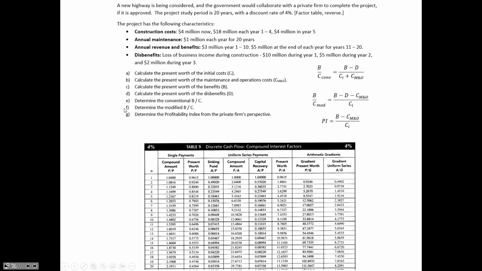But let me pause now, give you a chance to, first of all, I suggest sketching the cash flow diagram just so you can kind of visualize what's being described here, the different construction costs, maintenance, and so on. So somebody's already done the creative part of this, which is translating the benefits of the highway into dollar values and quantifying the disbenefits. All of that's already been done. All you're going to need to do is put it into the ratio.